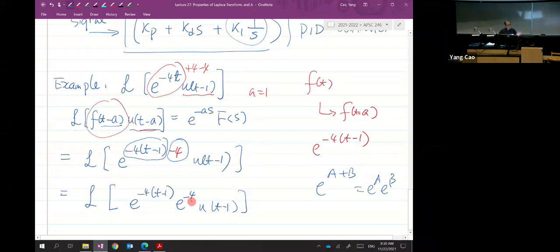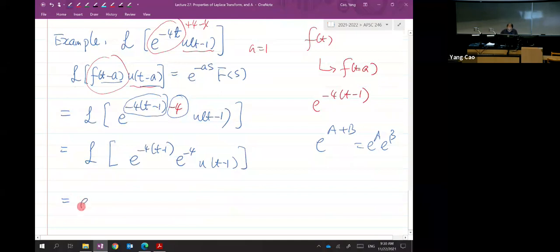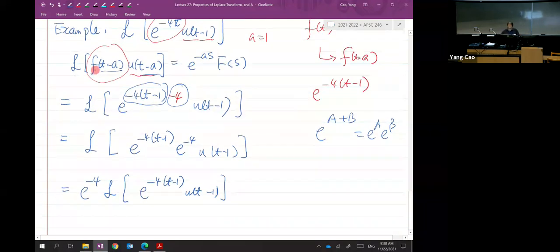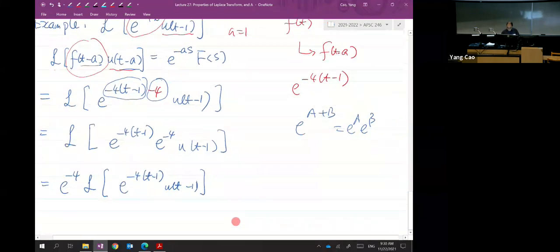E to the power negative 4 is a constant. Laplace operator is a linear operator. So when you have a constant inside this bracket, you can always take the constant out of the bracket. Now you can see inside this bracket for Laplace transform, you have exactly the format of the property that you can make use of.